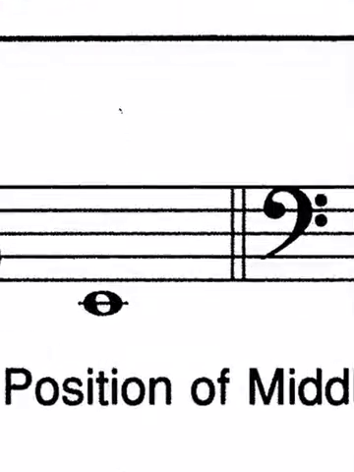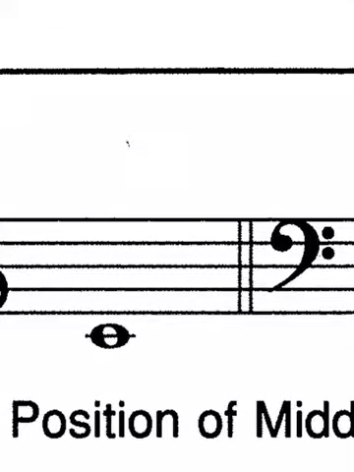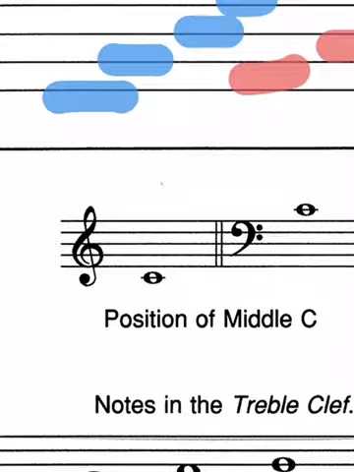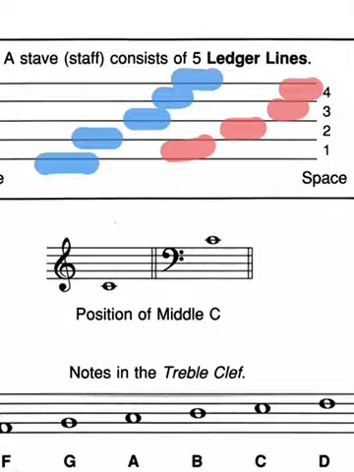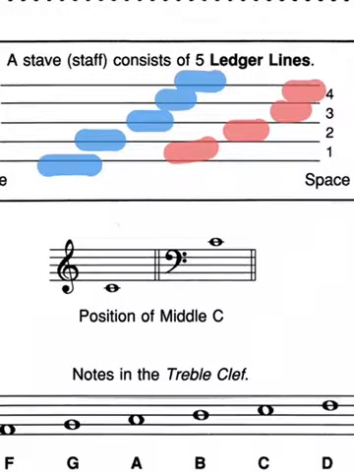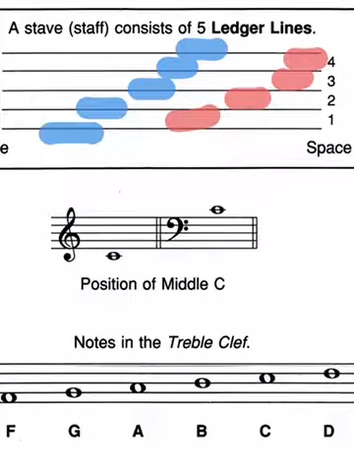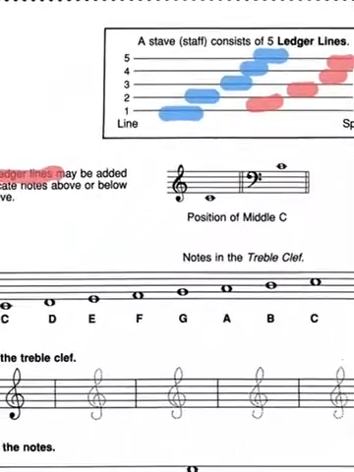So here you can see the bottom line is here, but what we've actually done is added an extra line at the bottom so that we can get this very important note, which is called middle C. This is called middle C because it's basically on the center of a piano, and this is middle C in the treble clef and middle C in the bass clef. We'll learn more about what those clefs mean now.